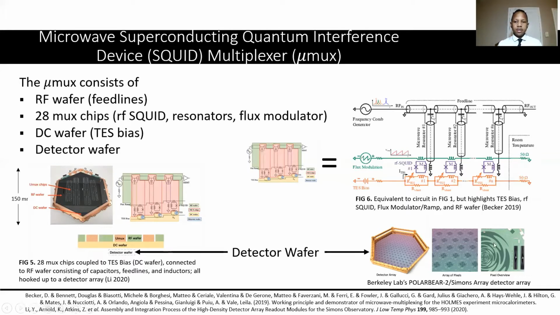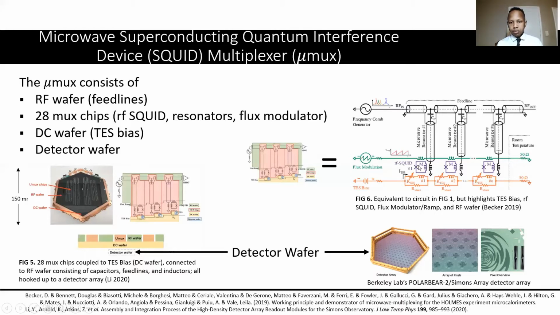In figure 6, we have sort of a circuit diagram of what's going on inside the MUMOX, where we have resonators in the black color here, and in green we have a flux modulator. In purple we have an RF SQUID, and in orange we have a transition edge sensor bias. The transition edge sensor bias works to send in a current bias through this line, and that current bias creates a change in flux through the SQUID.